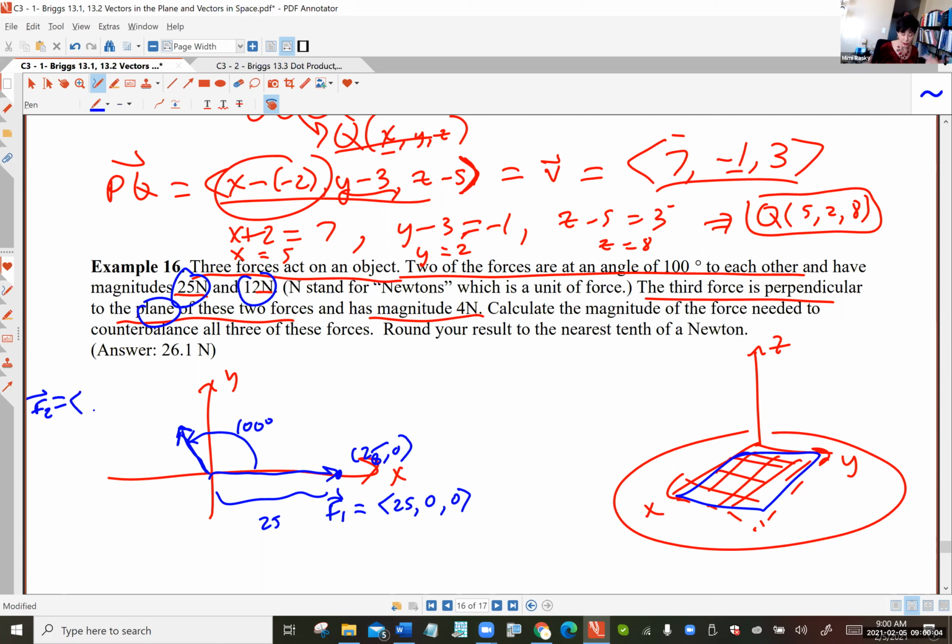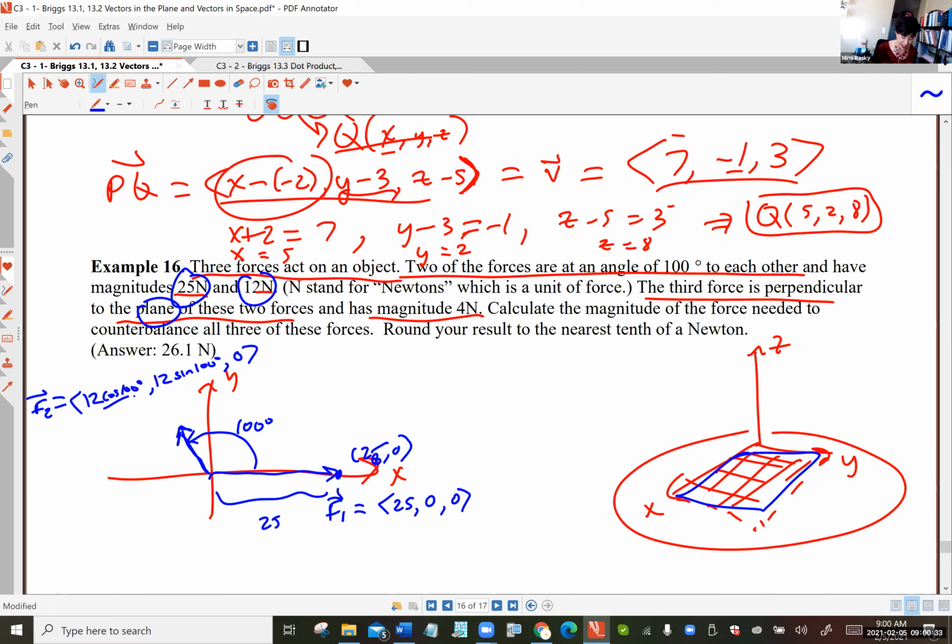And from what I taught you last time, his component form can be found because it'll be his magnitude times cos of 100 degrees, comma, magnitude times sine 100 degrees. And because he's flat in the XY plane, it's understood that his Z component is zeroed out. And cos 100 and sine 100 are yucky numbers, so I'm just going to leave it like that.